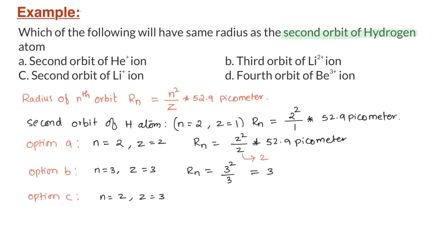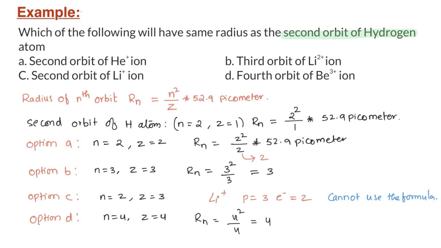For the second orbit of Li+ ion, lithium plus is not a monoelectronic ion, so we cannot use the formula. So we will move on to the next option. For the fourth orbit of Be3+, the n value is 4 and the Z value is 4. The multiple comes out to be 4. So the correct answer is option 4.